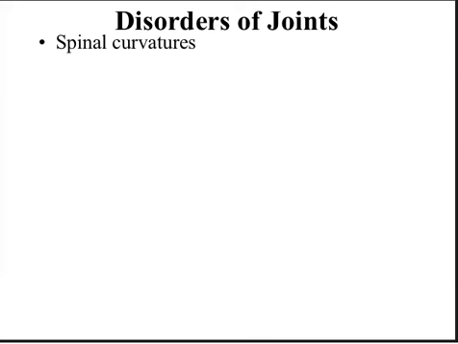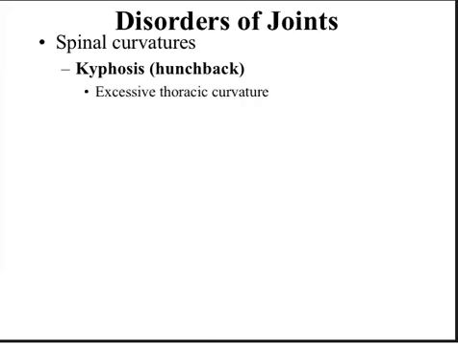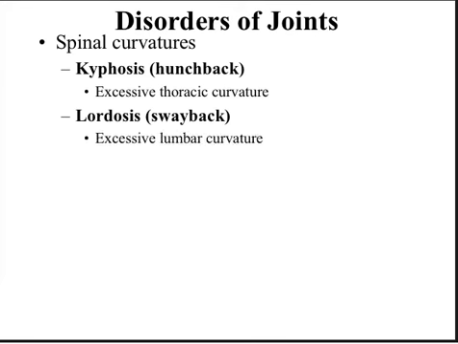Other disorders of the joints include spinal curvatures, such as kyphosis, which is an extreme thoracic curvature often seen in osteoporotic individuals, and lordosis or swayback, which is an excessive lumbar curvature. This generally results from individuals who've gained a lot of weight or who are pregnant as they thrust their abdomen forward to maintain balance.